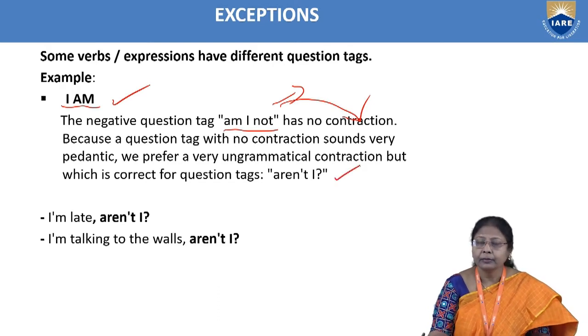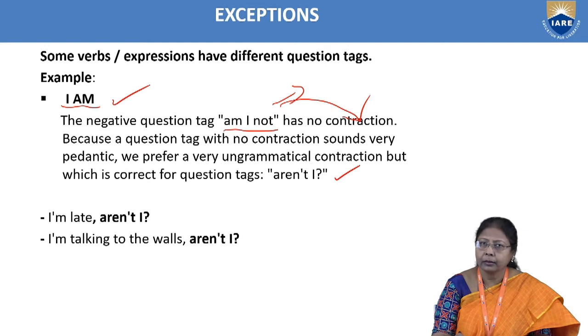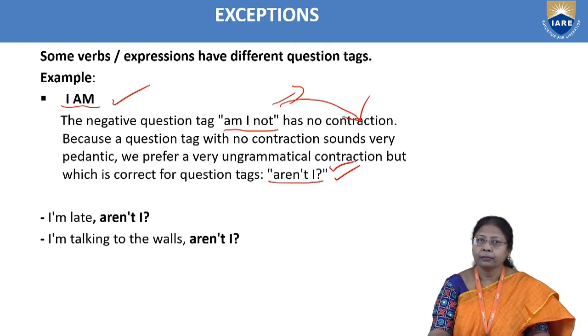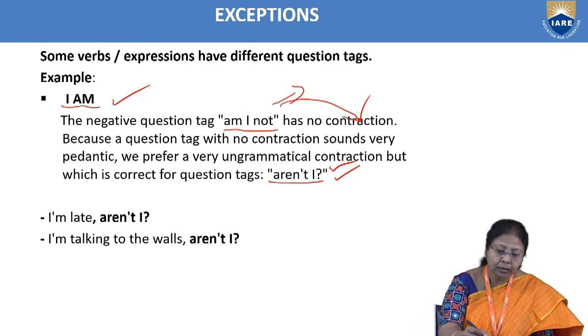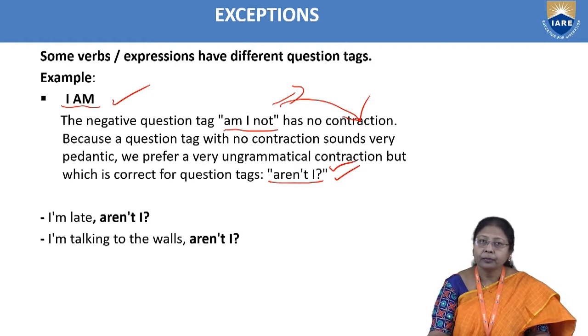Aren't I? Along with I am not, we shouldn't actually use aren't I, but this is the correct question tag form. That's why I told you this is an exceptional case. I'm late is a sentence.